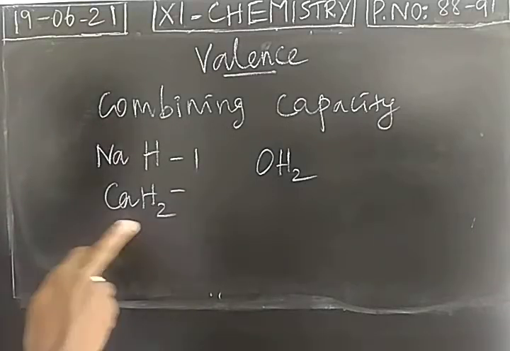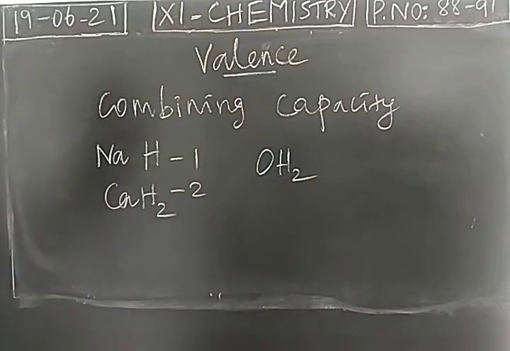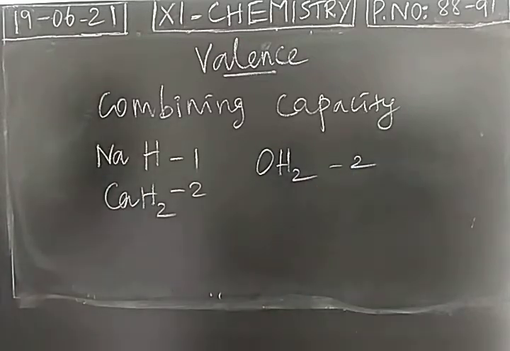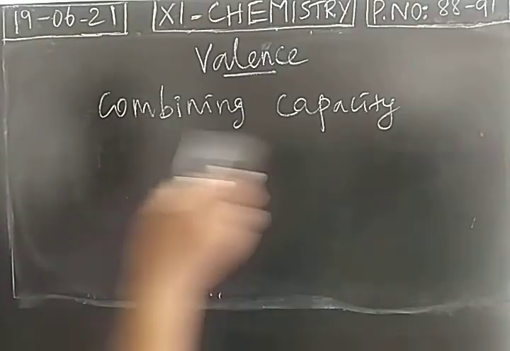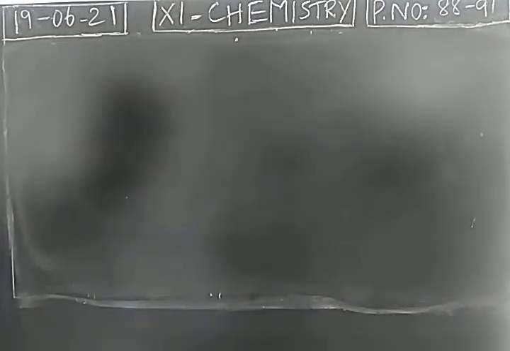Combining capacity of calcium with hydrogen is 2, so valence of calcium is 2. And think about water. Combining capacity of oxygen is 2 with hydrogen, so its valency is 2. So valence of an element is nothing but its combining capacity with hydrogen.